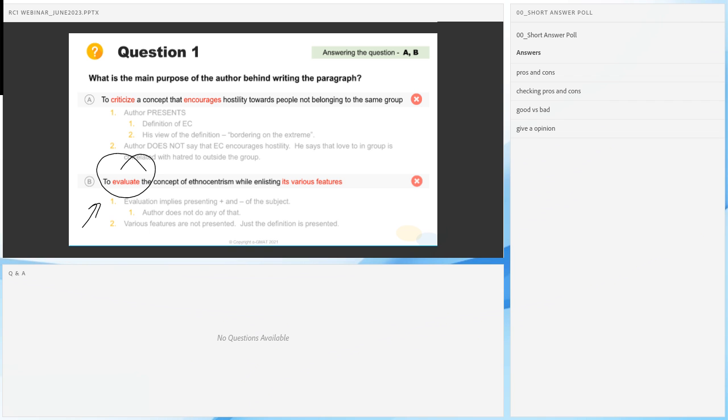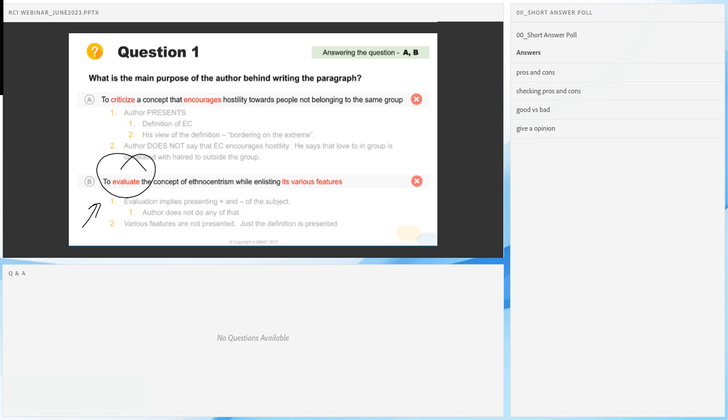Okay. The second thing is the author doesn't list various features. The author just simply says this is what EC is, and so there's a difference between defining something and enlisting its features. An example: defining a smartphone would be to say a smartphone is a device that allows you to be productive while on the move. That's the definition of what a smartphone does. And a feature set of a smartphone would be, a smartphone has a large screen, a great camera, a fast processor, and a mechanism to communicate data over high speed.